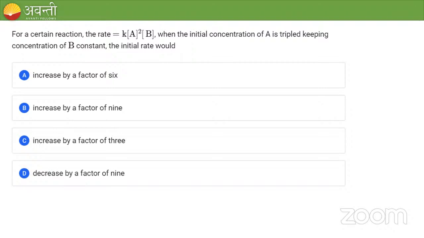Kanika is also going to A. A is not the correct answer, my dear students.